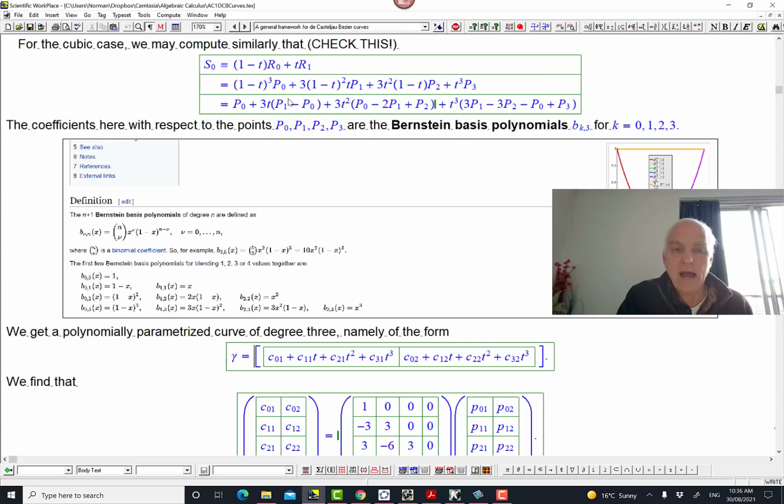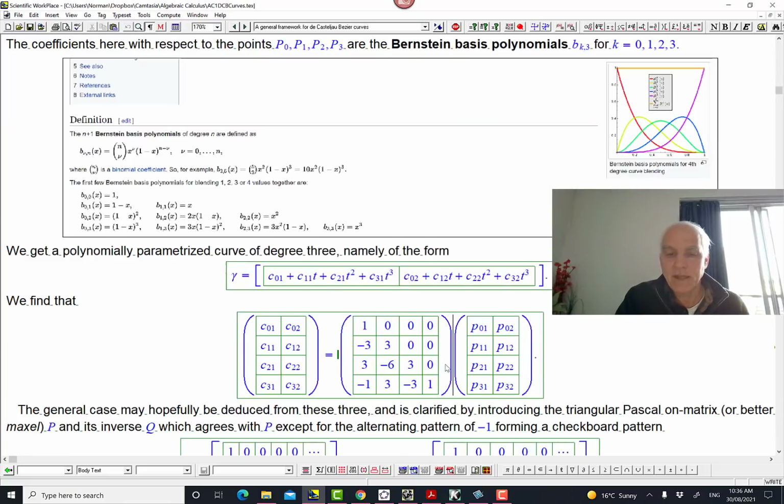And if we unravel this cubic case, just like we did before, then we get a curve of degree 3, because the highest power of t that occurs is t cubed. So we can write what we get as a polynomial in t times another polynomial. And the coefficients are just generalizations of what we've already done. All of these coefficients can be encoded nicely in a little matrix like this.